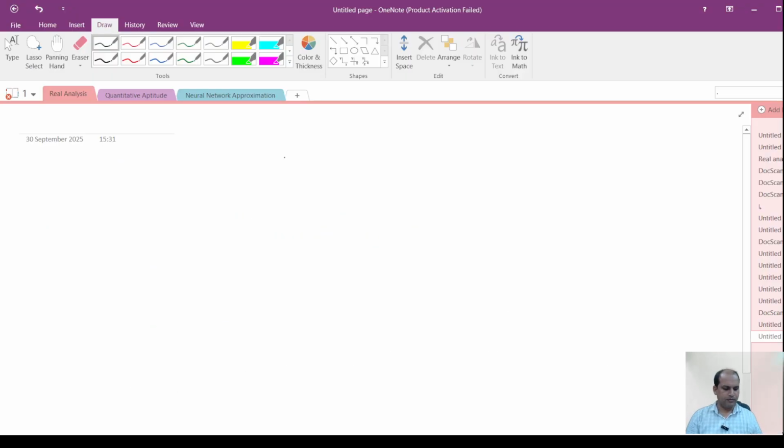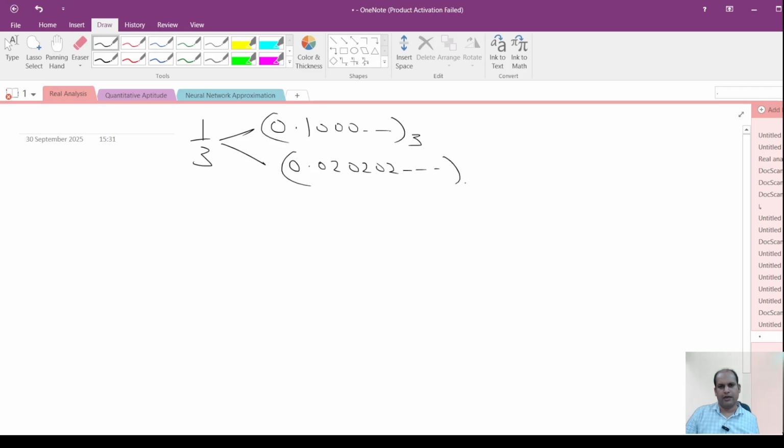So for 1/3, if we follow a similar procedure, 1/3 has two representations. One is 0.1000 and so on in ternary form, and another is 0.0222... In my earlier lecture I have already discussed why: because 1/3 is sharing a common boundary.